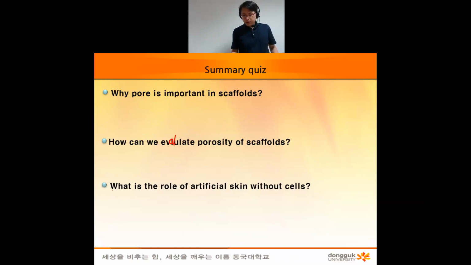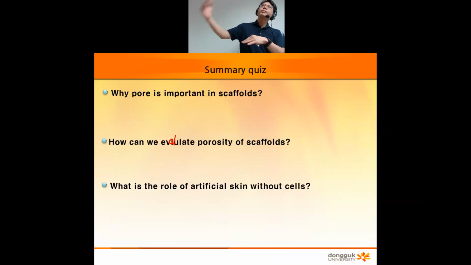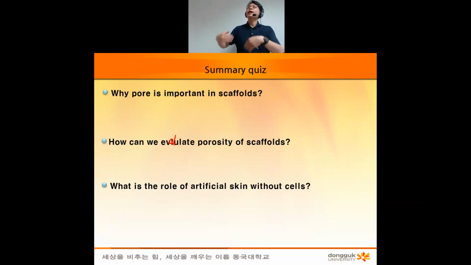Number 3, what is the role of artificial skin without cells? Artificial skin without cells protect skins from other exogenous attacks, and they help the angiogenesis and skin regeneration.